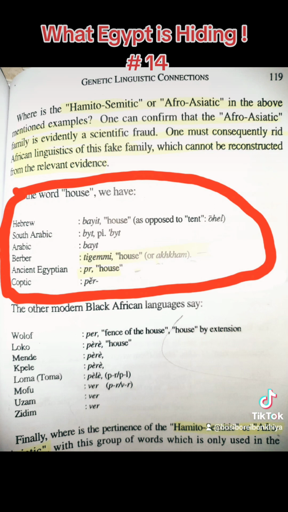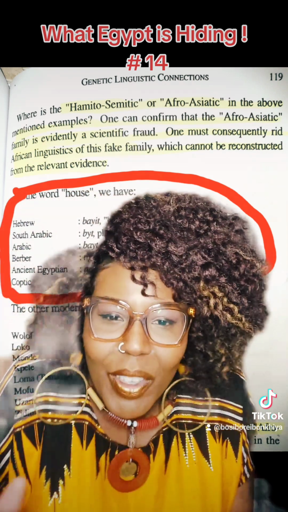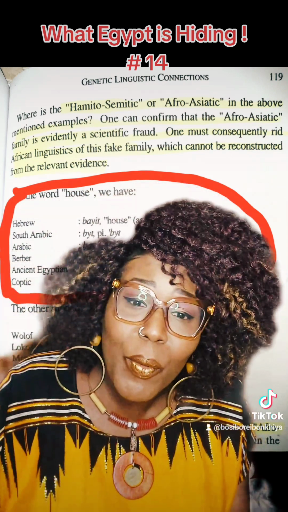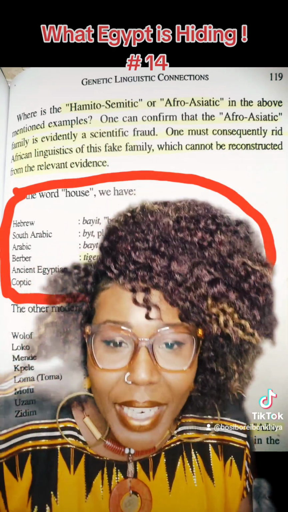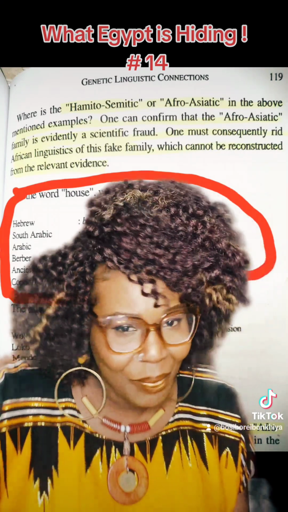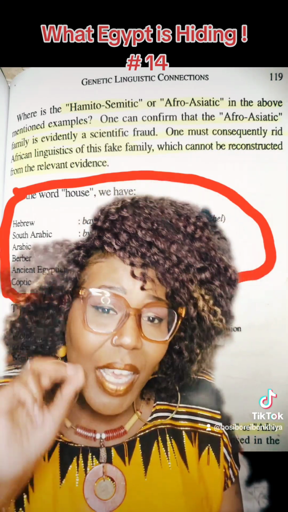Then you see South Arabic, it's bait. Then Arabic, it's bait. All right, and we'll skip Berber because I don't see a connection here. Now, look at those three words, okay? You see Hebrew, you see South Arabic, and you see Arabic. Bayit, bait, bait. All right? Very similar to ancient Egyptian what?